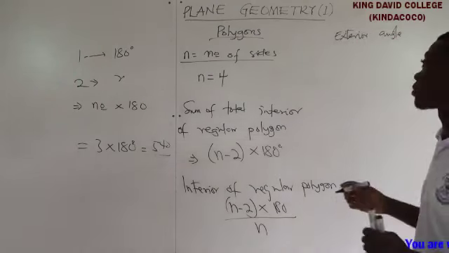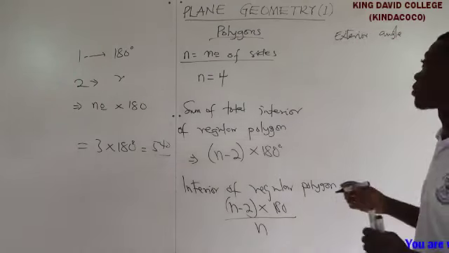Then with this one it's going to just be what? 360 degrees, because it forms this circle, divided by the number of sides. So for any polygon with n number of sides, you can find the total interior angle like this, the interior angle like this, and then the exterior angle this way.